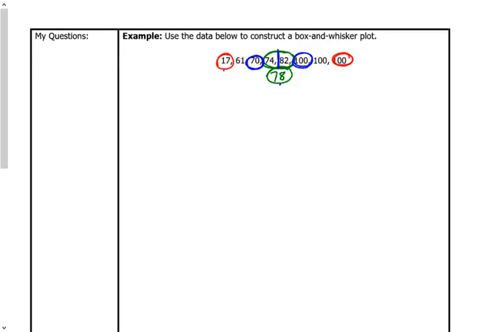Now, to actually use this to construct a box and whisker, we start off with a number line. My smartboard's trying to act up a little bit, so there we go. All right. So let's start off with 10.